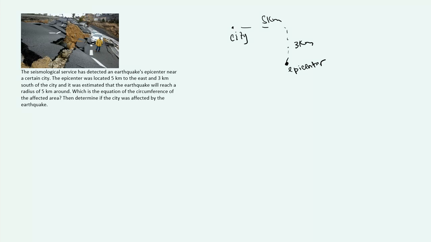So if that's the case, then because there's a radius of 5 kilometers, the formula that would represent this information is x minus h squared plus y minus k squared equals r squared. I knew it was a circle formula due to the fact that it talked about a radius.